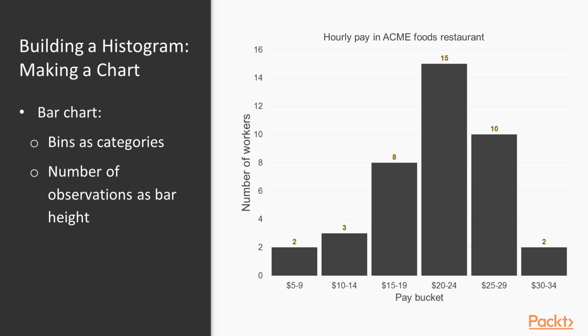And the next step is actually very straightforward. Then we should build a histogram, we should build a chart. What we are building with this data is a very straightforward bar chart that we've covered in depth previously. So the bar chart has bins as categories and number of observations as bar height.